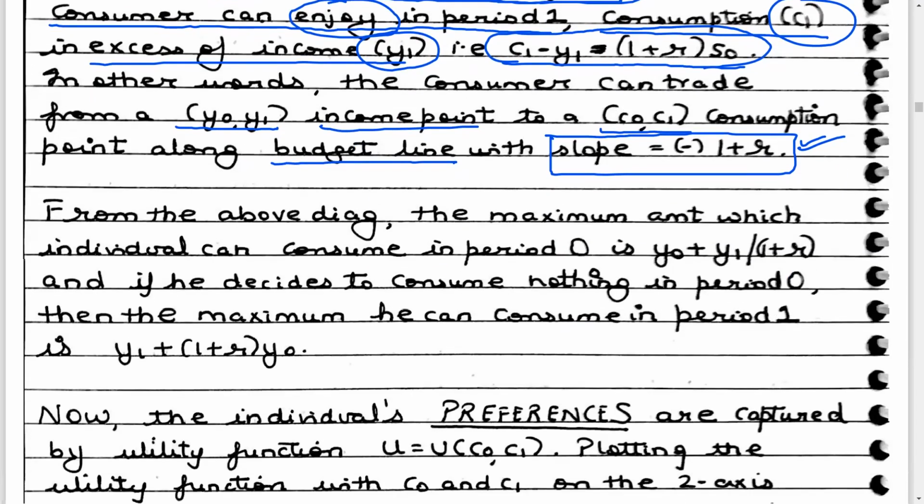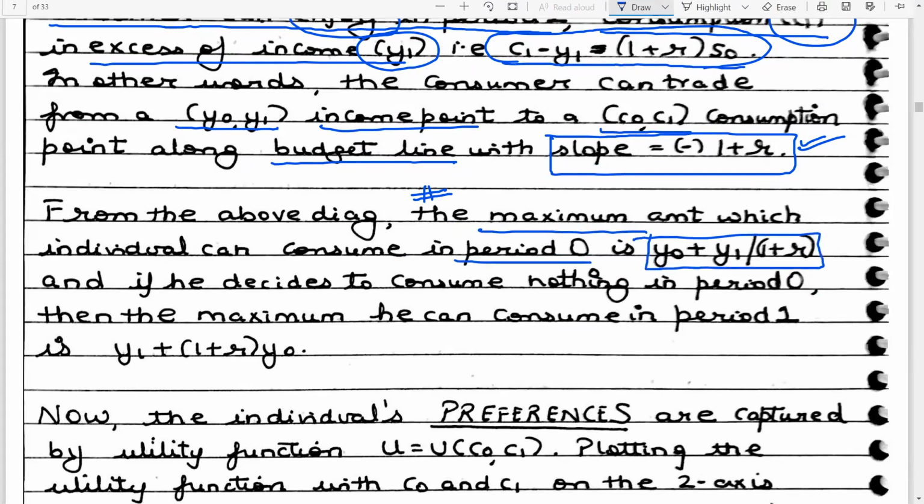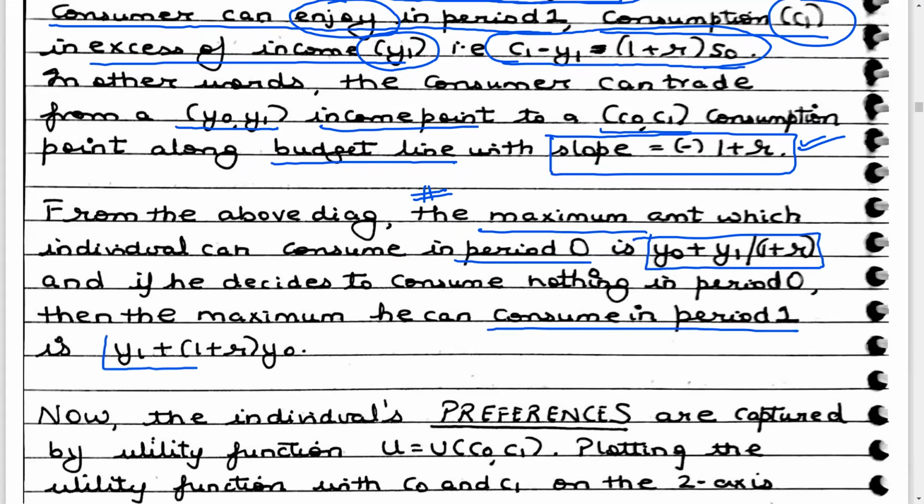So from the above diagram, now guys, this paragraph is clear. Maximum amount the consumer can consume in period 0 is this much. We have calculated it. Maximum amount that the consumer can consume in period 1 is this much. So this is my vertical intercept and this is my horizontal intercept.